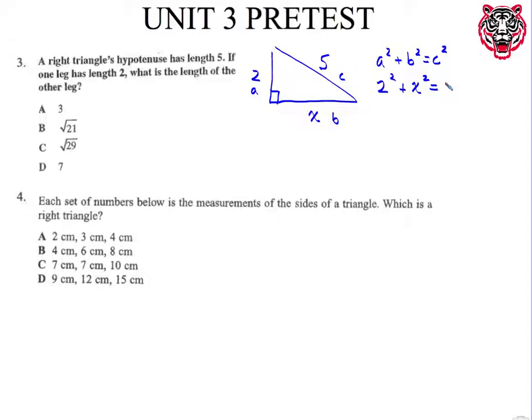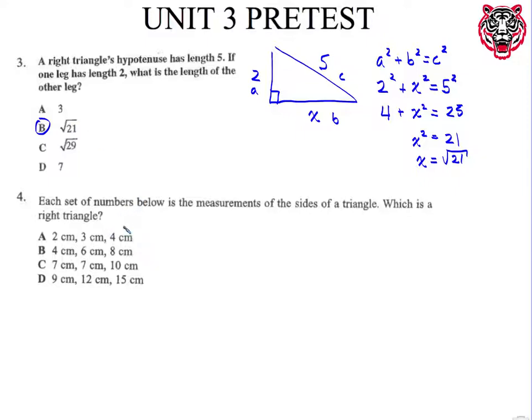And we know our hypotenuse squared, that's going to be our 5 squared. 2 squared, shout it out. 4 plus x squared. 5 squared, shout it out. 25. Therefore, x squared is equal to 21. Therefore, x, if I square root both sides, I am left with the square root of 21. And the correct answer is b, square root of 21. And that can't be reduced. There's no perfect squares in 21.